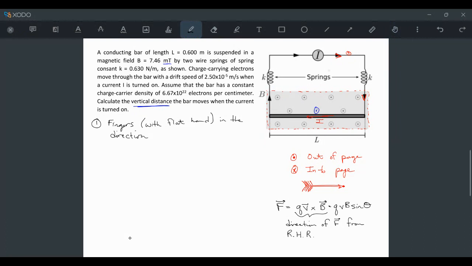And this is important. I'm bringing the Q along with the velocity vector to account for the fact that you can have positive charges or negative charges. So if we break it down for a second, QV is always going to follow the direction of the current.